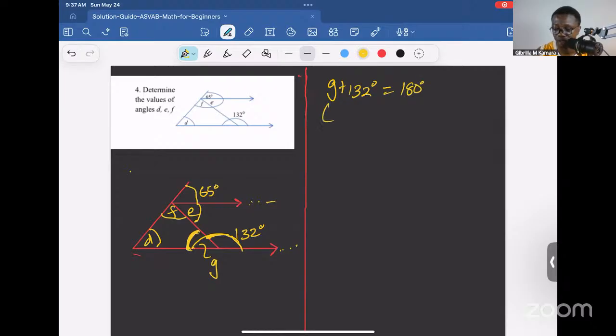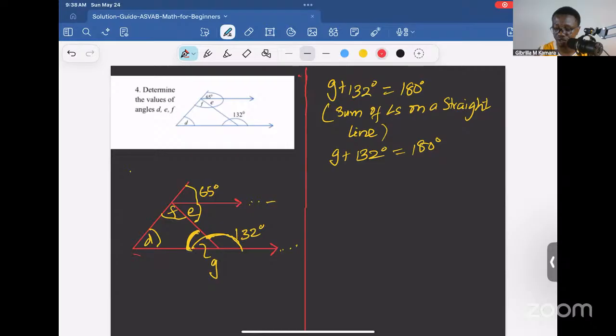Why? You see, sum of angles on a straight line. Your G plus 132 is equal to 180 degrees.